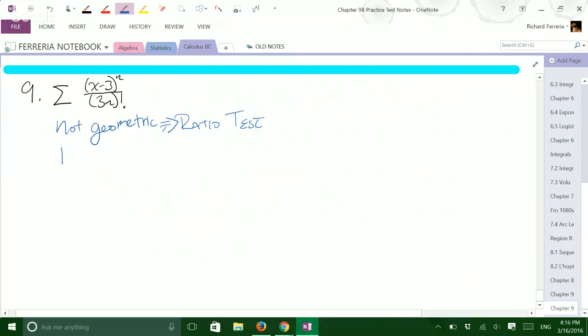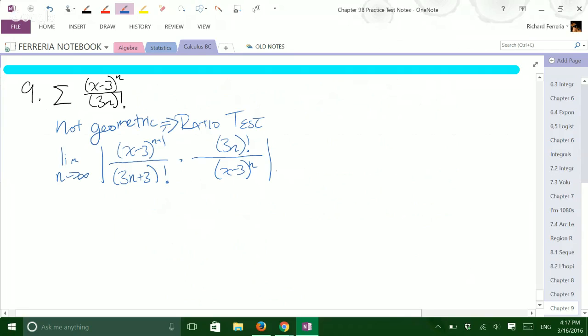Let's use a ratio test. Limit as n approaches infinity of x minus 3 to the n plus 1 over 3n plus 3 factorial, times 3n factorial.